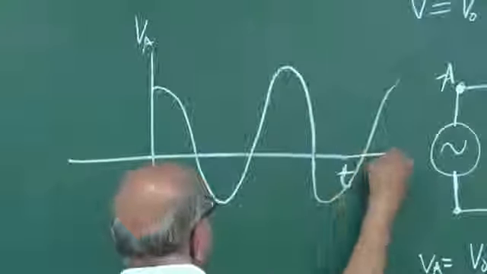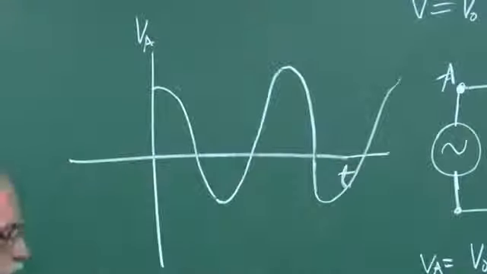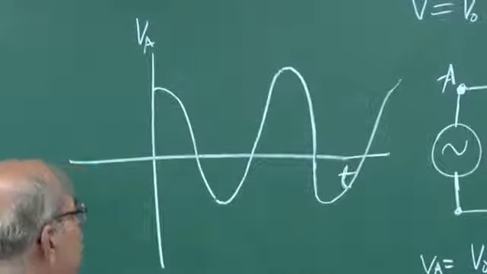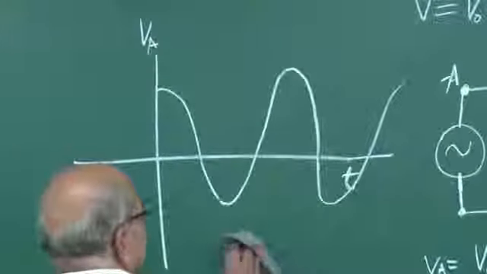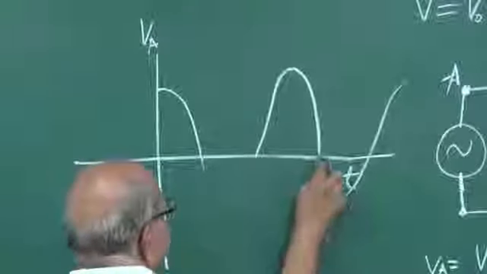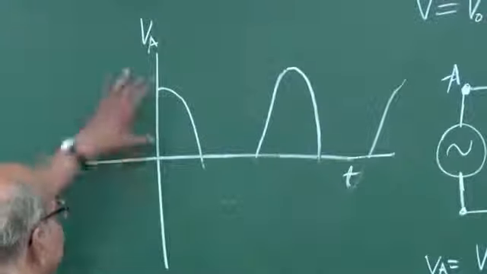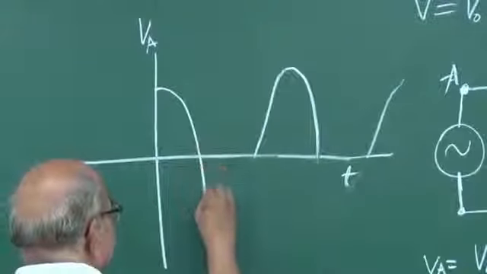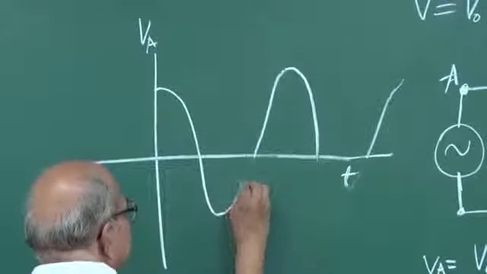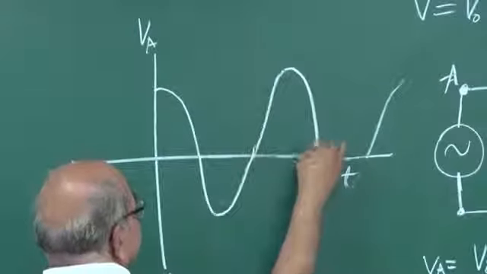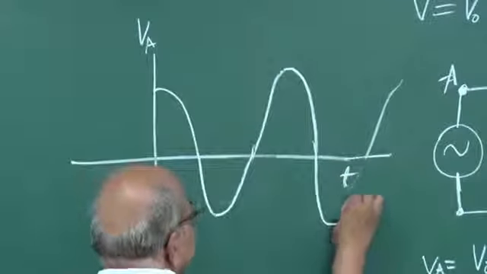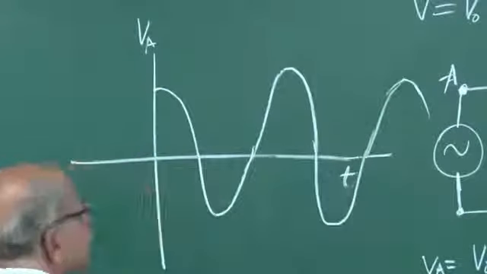Like this. It's not a good drawing, but bear with me. Let me try to improve. This should go to the same height, so let it be up to here. Then again it is up to here, and so on.